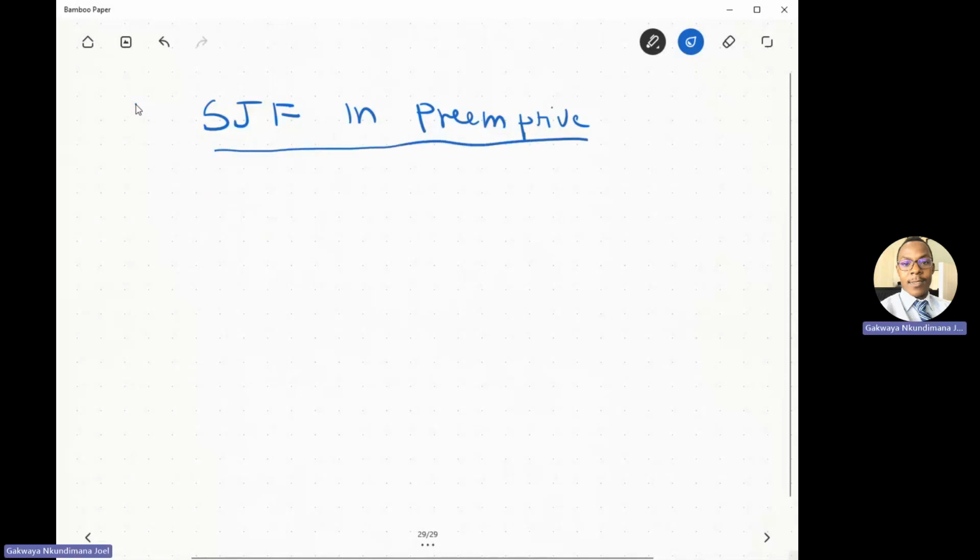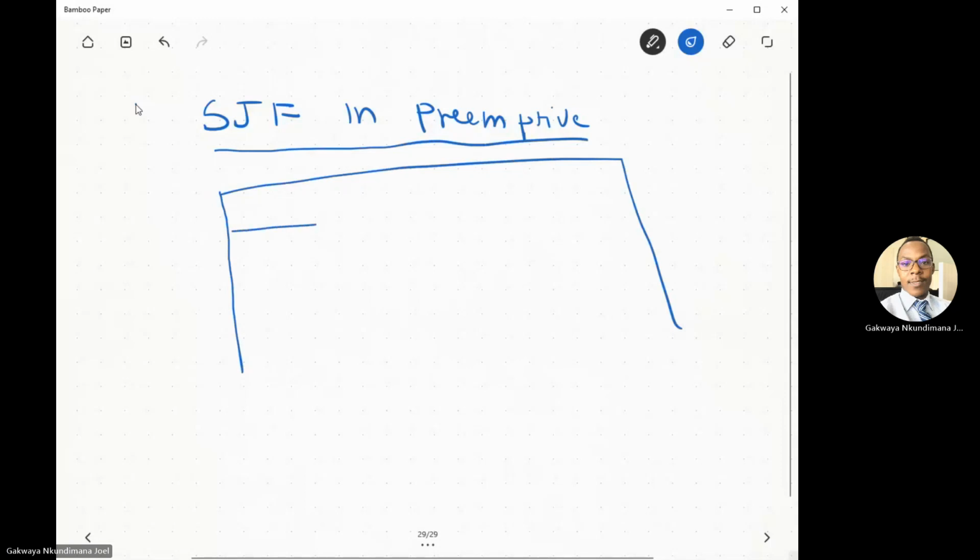All right, so let me try to draw the table as follows. If it becomes too many, then I will reduce some of them.